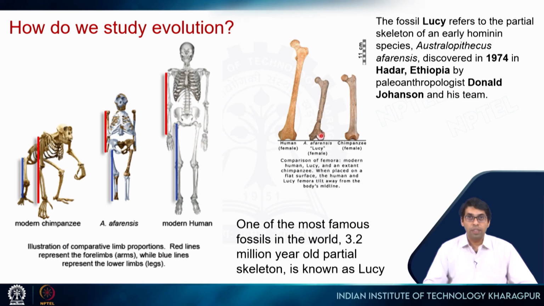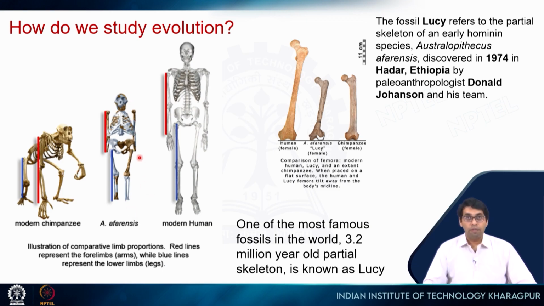Based on the height of this, we can say that this species was not as tall as modern humans, but was somewhere in the same range as chimpanzees. However, this tilt tells you that they could walk upright like us. Chimpanzees cannot walk upright like us, but this hominin species, she, could walk upright.